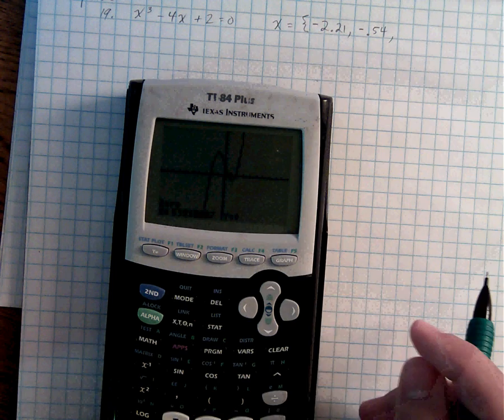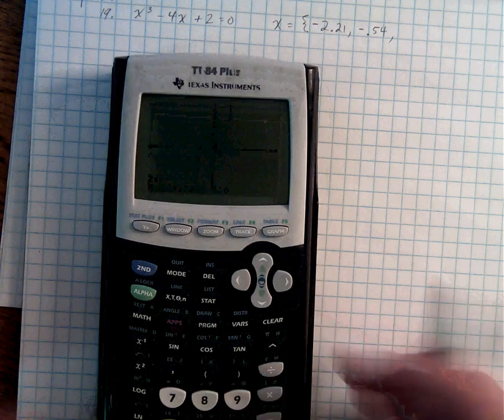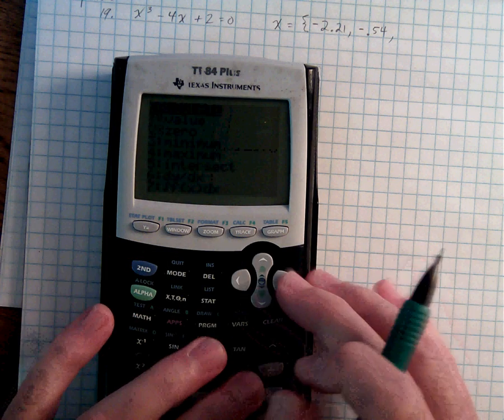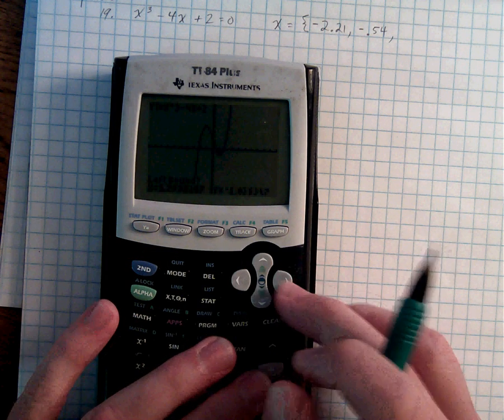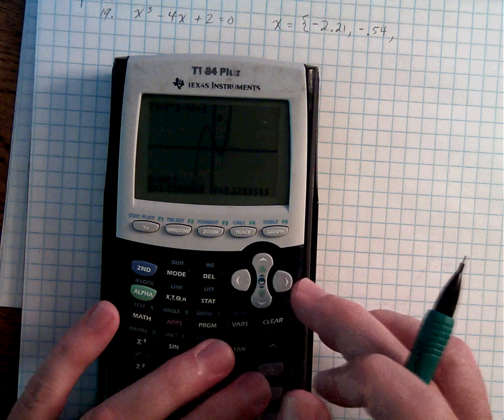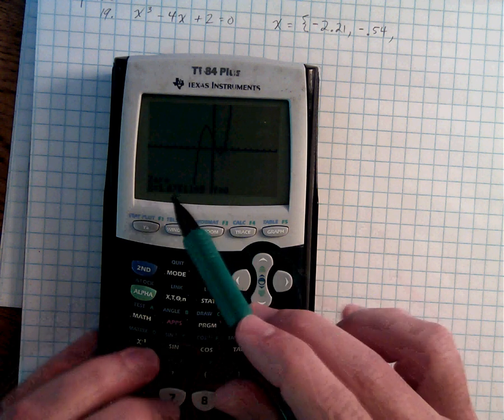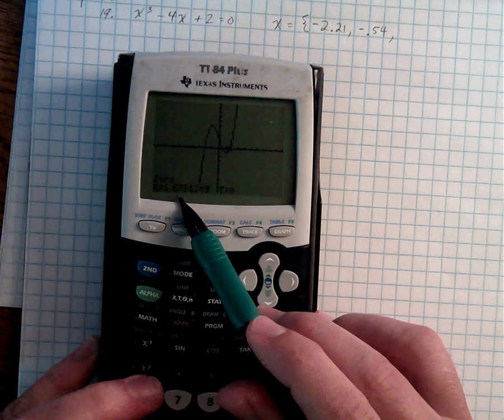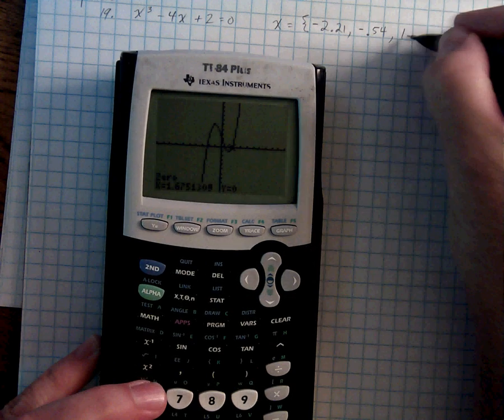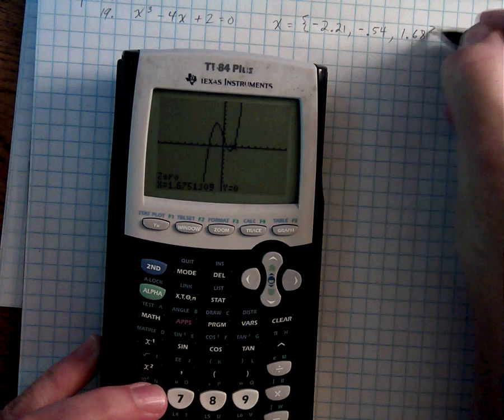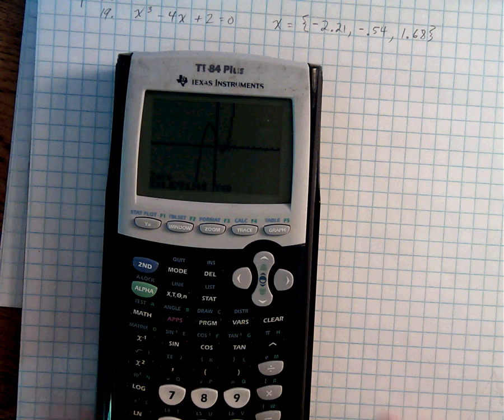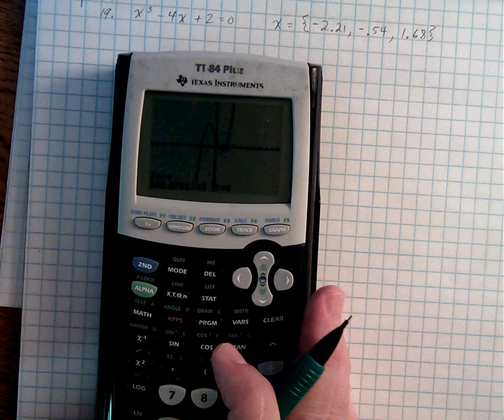And then there's one more. Second trace, 0. Am I to the left of it? Yes. And to the right, enter, enter. It looks like 1.68 approximately. Those are the 3 solutions to that equation.